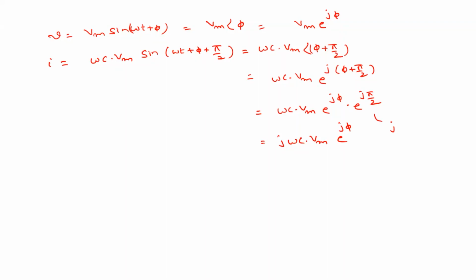These are vectors. So V equal to Vm e to the power of j phi, and I equal to j omega C Vm e to the power of j phi. V by I is the impedance, which is 1 by j omega C, or minus j into 1 by omega C, because 1 by j is minus j.